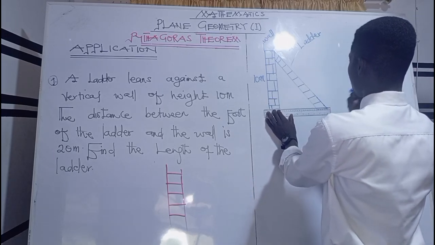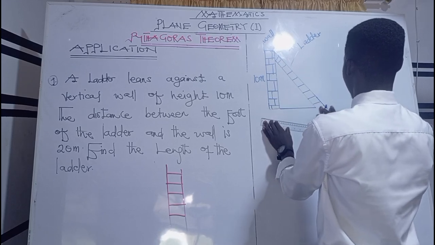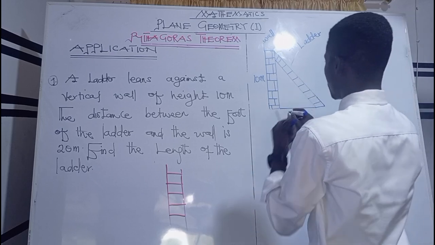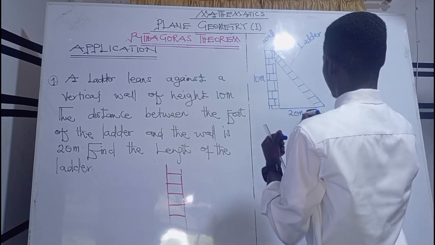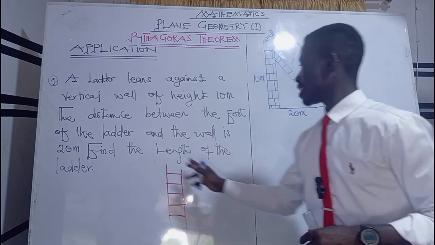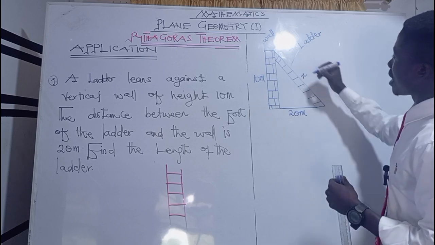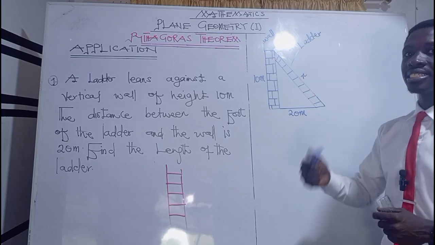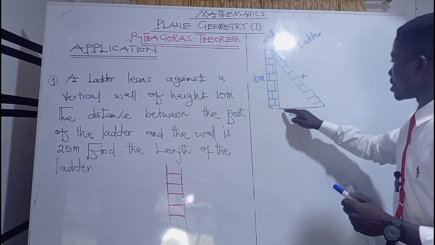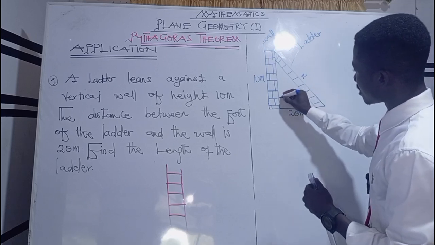So let's draw it here. You are to find the length of the ladder. So this is the length of the ladder. Let's call it x. Now the vertical wall, which is this, makes a right angle with this very horizontal line. So we have a right angle here.